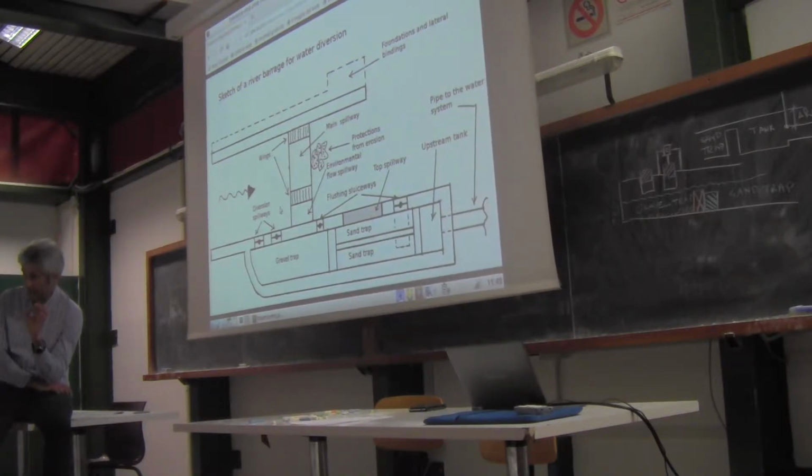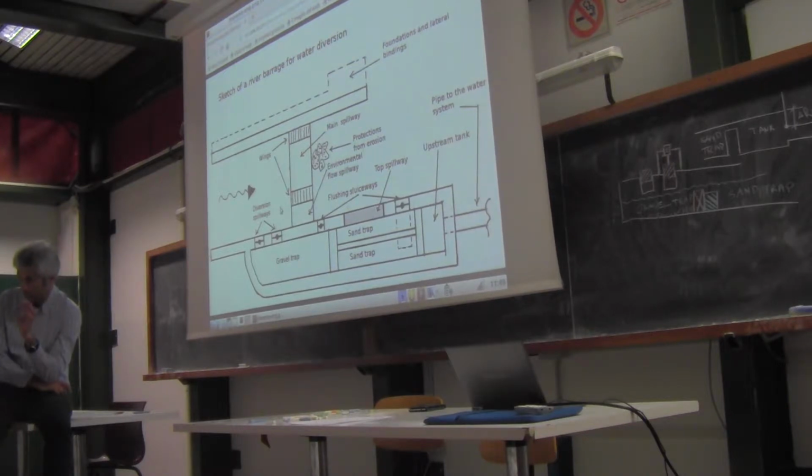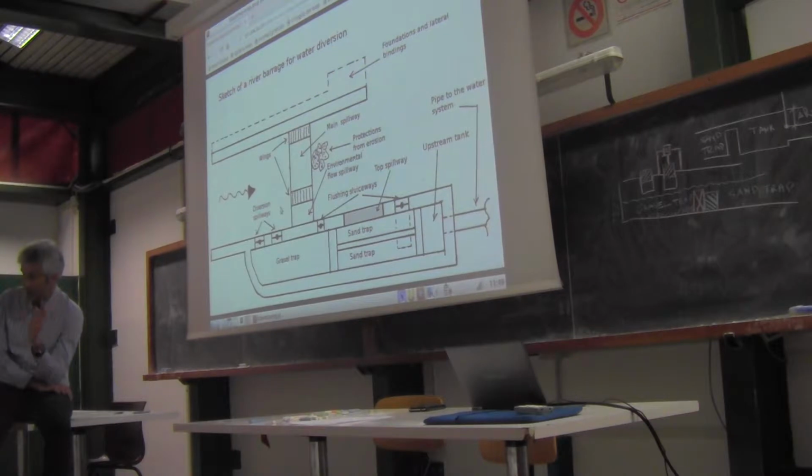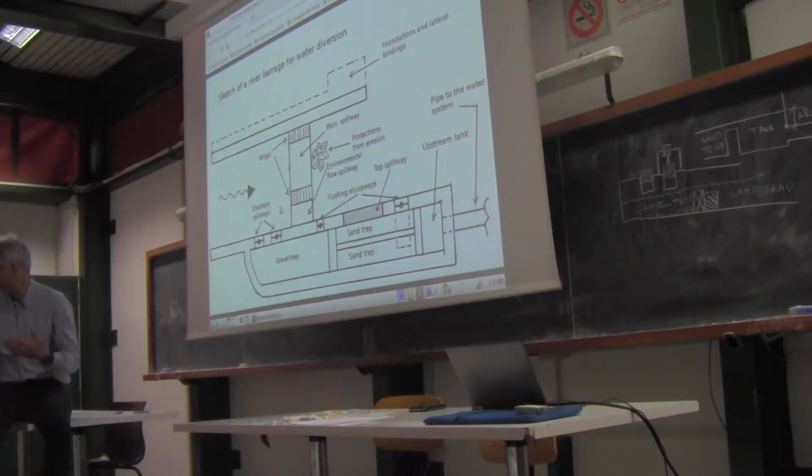So again, the key message that I want to deliver to you is that any structure interfering with a river needs, as a design variable, also the flood flow. So we are learning today that this is another fundamental background that we need.